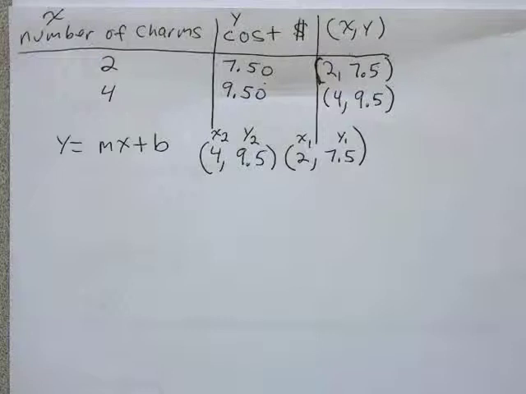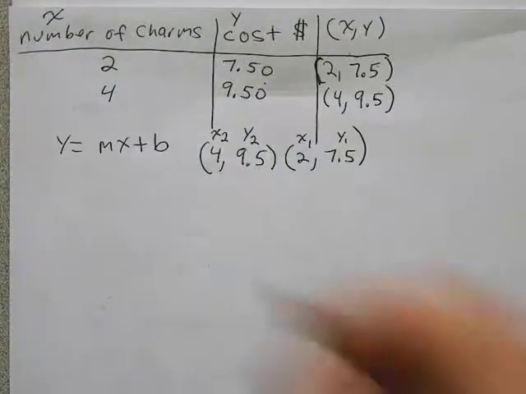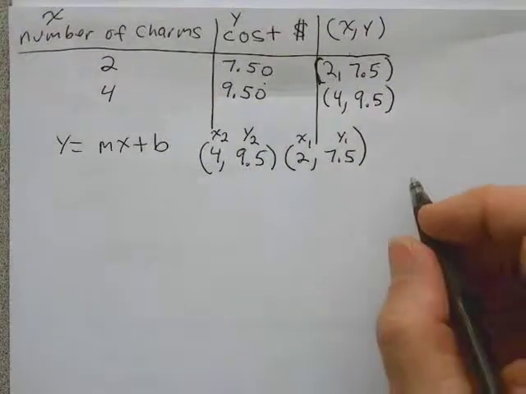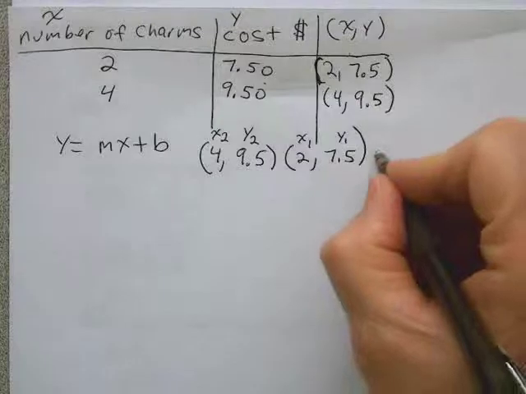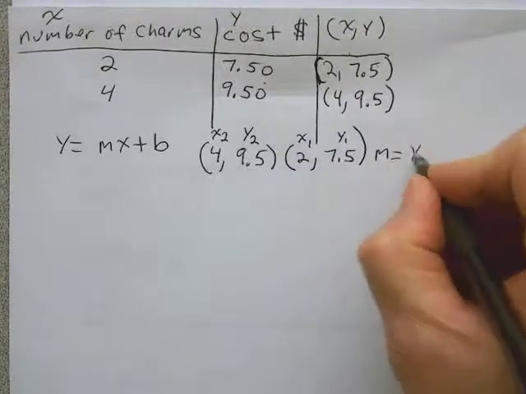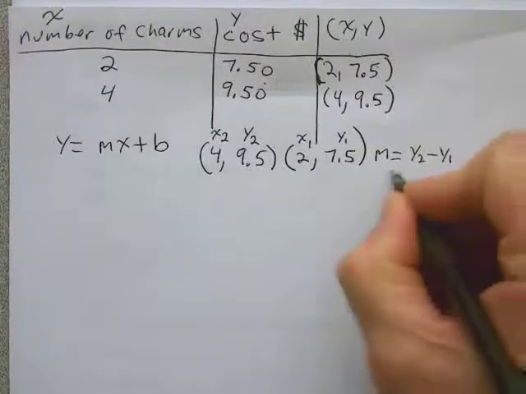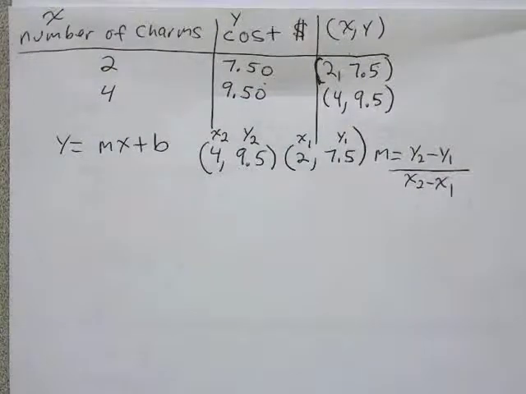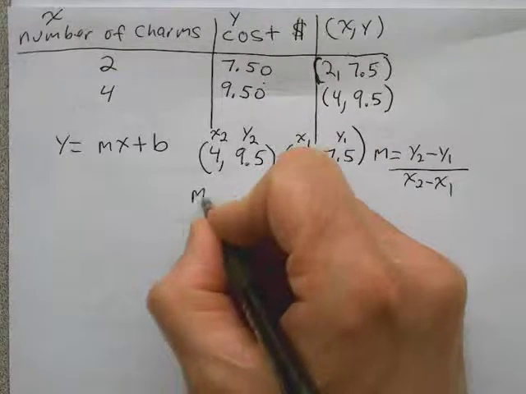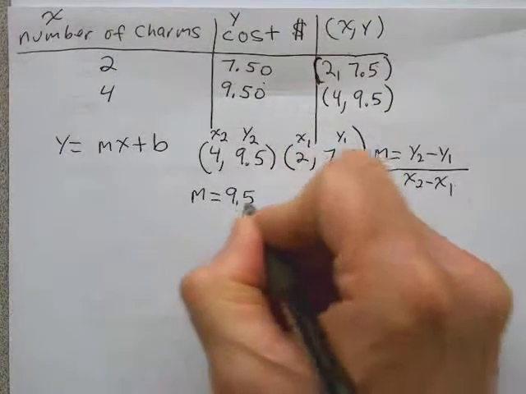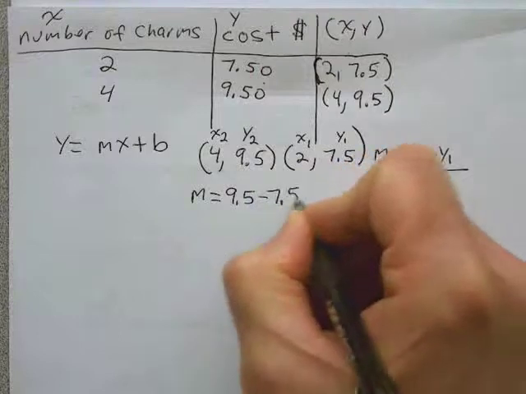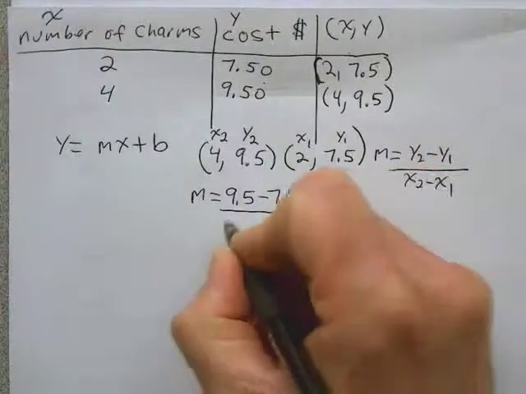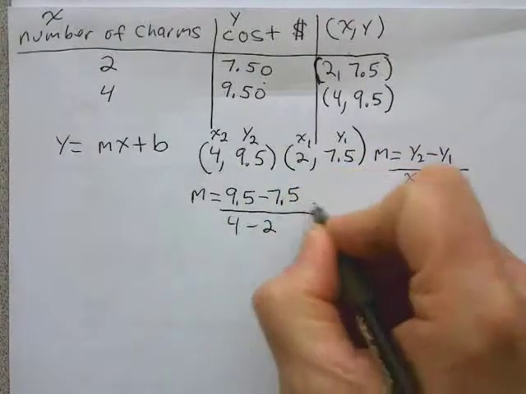And now I'm going to put this into the slope formula. And for those of you who don't remember what that is, we know that m equals y2 minus y1 over x2 minus x1. Okay, so let's do it. m equals 9.5 minus 7.5 over 4 minus 2.